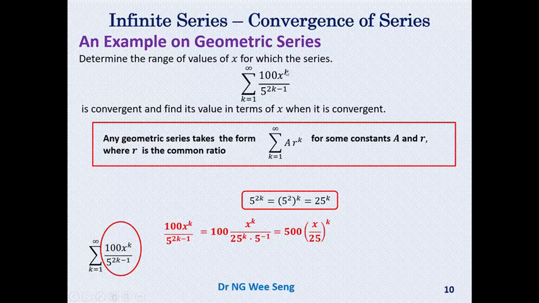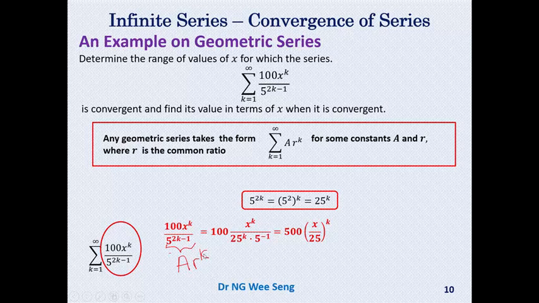We have x^k in the numerator, 5^(2k minus 1) in the denominator. So obviously we do some algebra. We will split 5^(2k minus 1) into a form that looks like this. Because this is exactly the exponential form that we need.